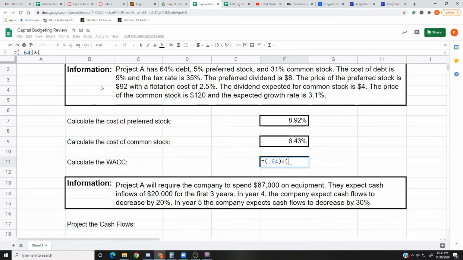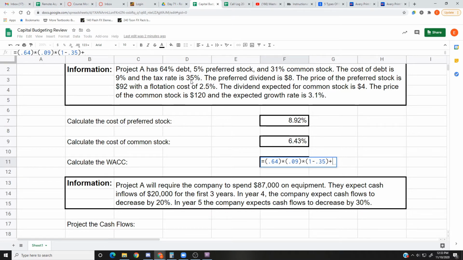Cost of debt is 9%, so 0.09, times 1 minus, and this is the taxes. Tax rate is 35%, so 0.35. Parentheses. That's the first section.